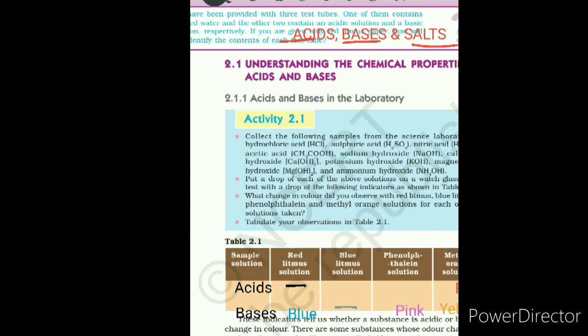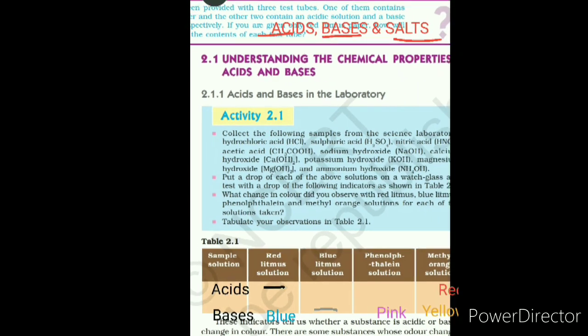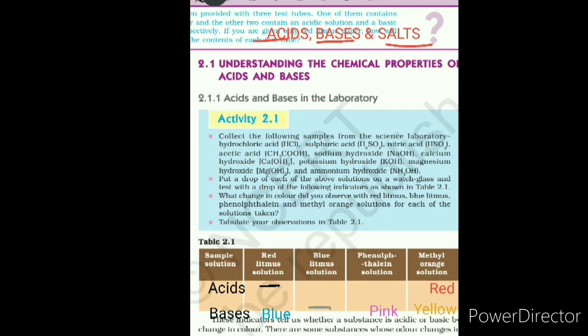But if the hydrochloric acid is tested with blue litmus paper, then the blue litmus paper becomes red in color.